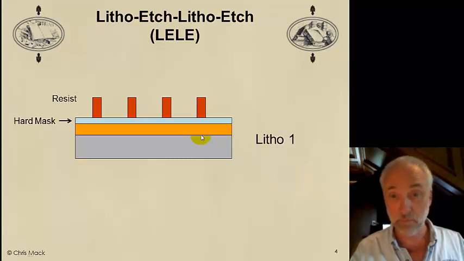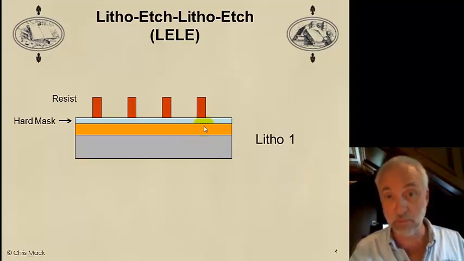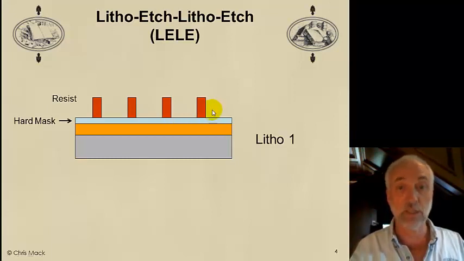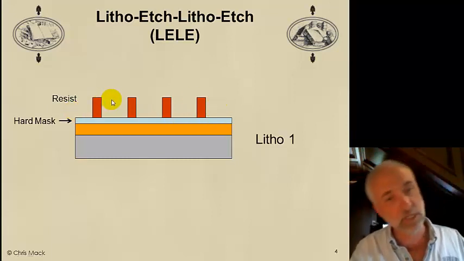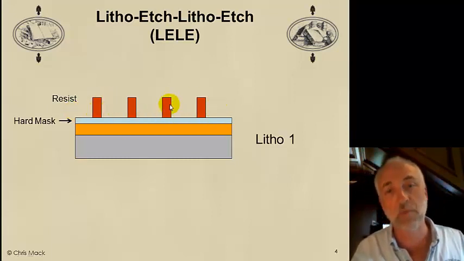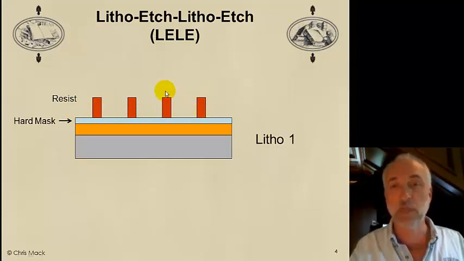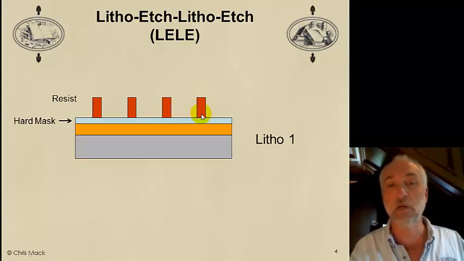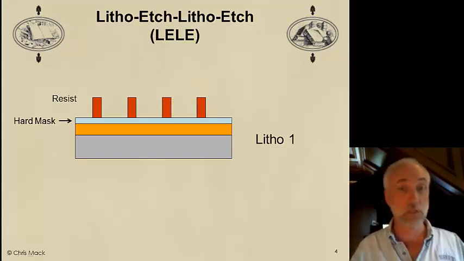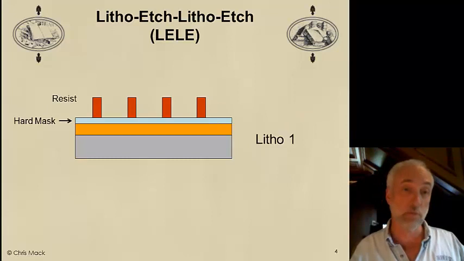We have the substrate here, the material we want to etch above it, and then something called a hard mask, which I'll explain in a moment, just above that. Coat with photoresist, we expose, we develop, and we form our pattern. And we form it in such a way that we're at the minimum pitch, but we've made the lines narrower than the spaces. This is the first lithography step, litho 1.